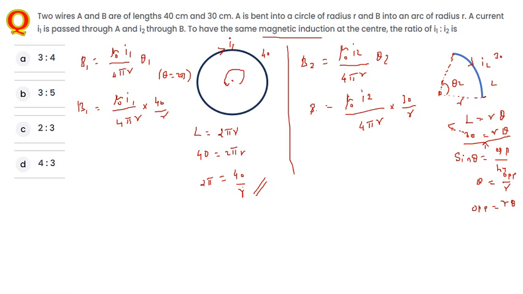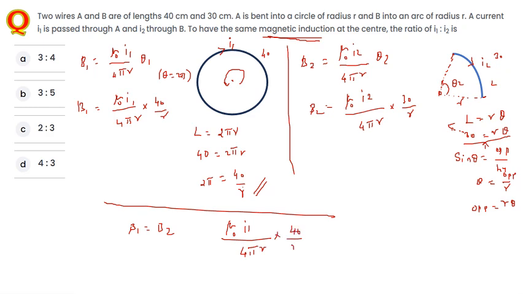This is B2. And you can observe over here, it should have the same magnetic induction. That means in this case B1 will be equal to B2. Now substitute both the values: mu naught I1 divided by 4 pi r into 40 divided by r.